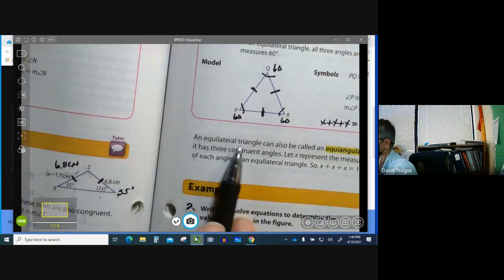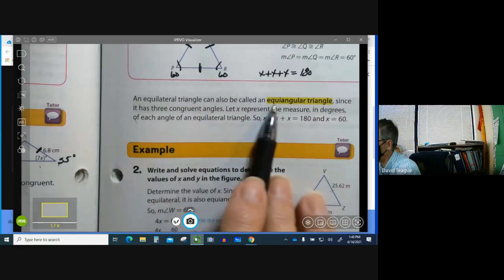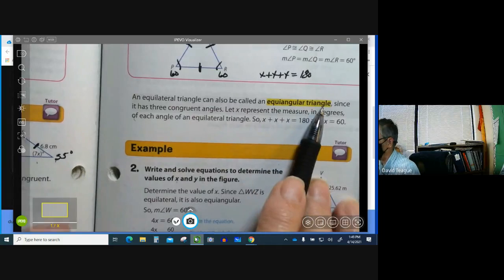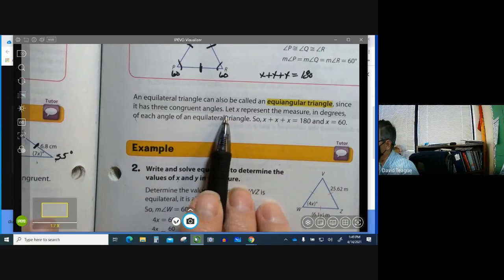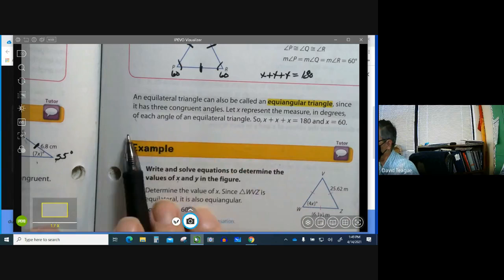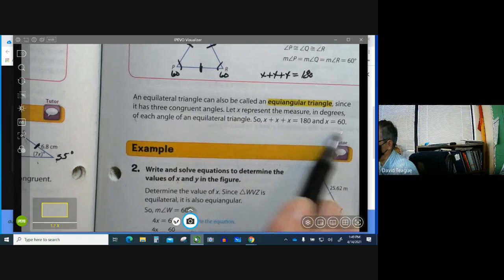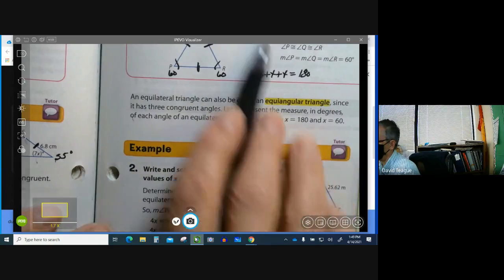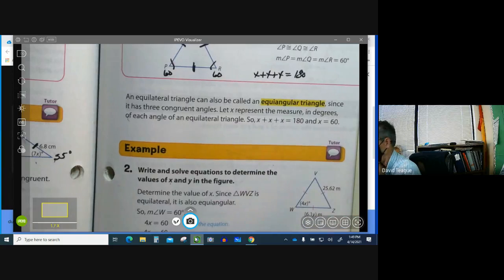An equilateral triangle can also be called an equiangular triangle since it has 3 congruent angles. Let x represent the measure. This is how they calculated the 60 degrees: x plus x plus x is 180, so x is 60. So an equilateral triangle is also an equiangular triangle.